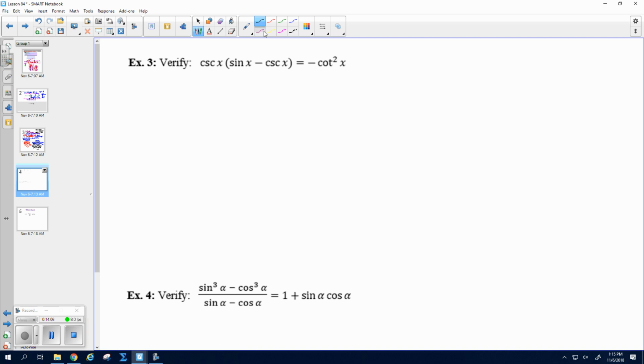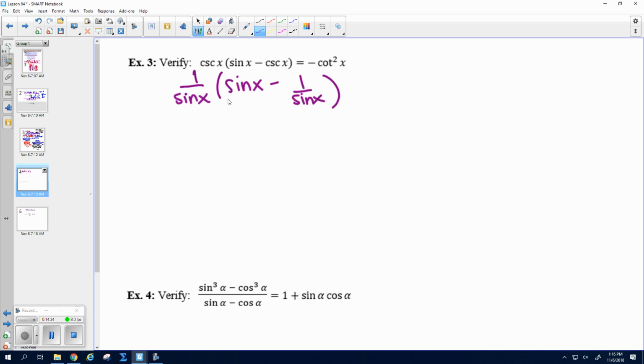Let's try another one. All right, so I'm probably going to multiply those. I think it makes sense to switch the cosecant to 1 over sine and just see what happens. So I'm going to make this a 1 over sine x. And I'm going to multiply it by sine x minus, I guess I'll make this 1 over sine x too. Okay.